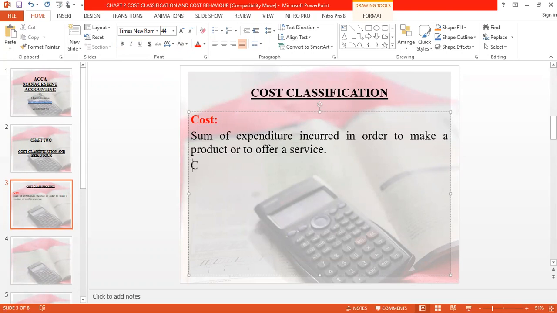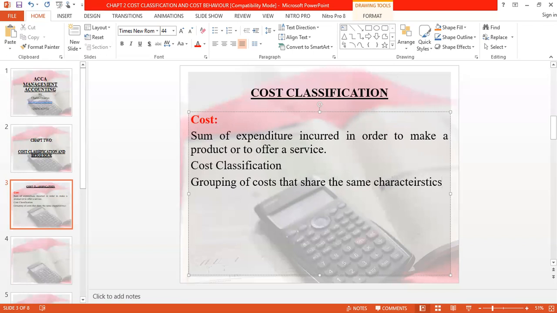We also need to look at cost classification. Now that we have defined what cost is, classification is basically the grouping of costs that share the same characteristics.